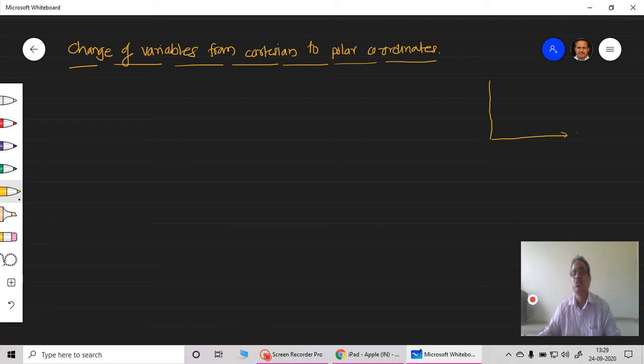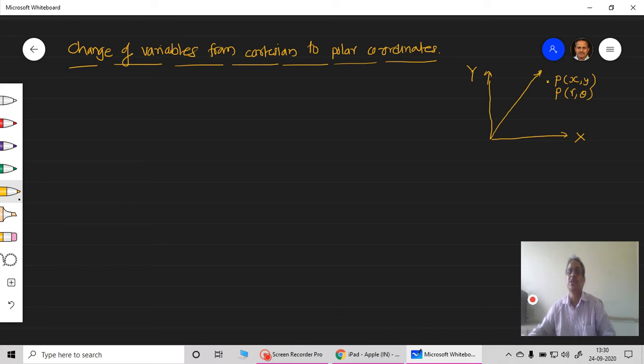Now this is my two-dimensional XY Cartesian coordinate system frame, and let's suppose this point P has its coordinates as x and y in Cartesian, whereas this point P will have its coordinates as r and theta. To get the transformation equations between these two, we have to draw a position vector from the origin to this point P here.